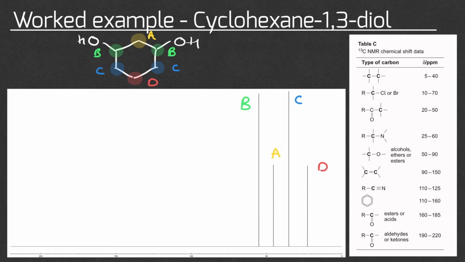Even though in both cases we had two which could be interchangeable, the difference in position of the electronegative one, in this case an alcohol at around 60, and the one we looked at a moment ago, a ketone, which was about 210, means we could differentiate between these two examples. So they both have 4 peaks because they've each got 4 environments, but the position of the electronegative one was different in each case, which would allow us to tell them apart.